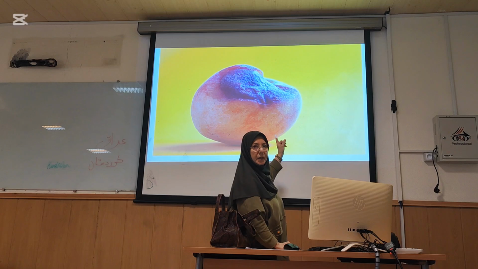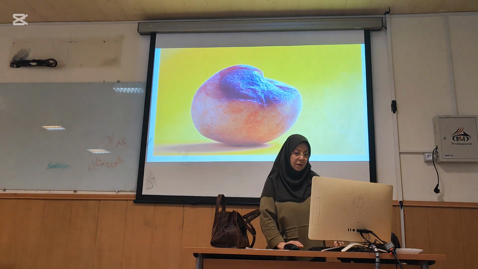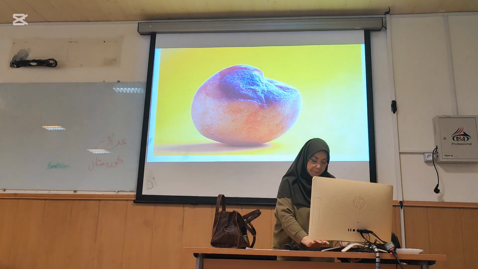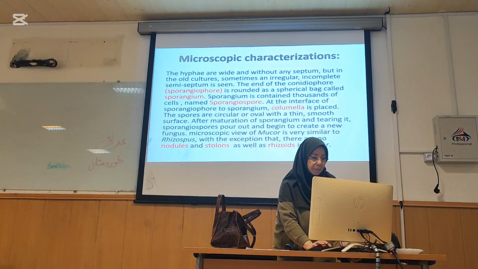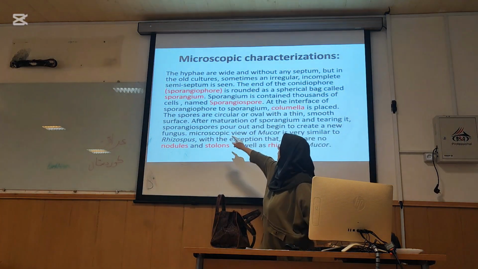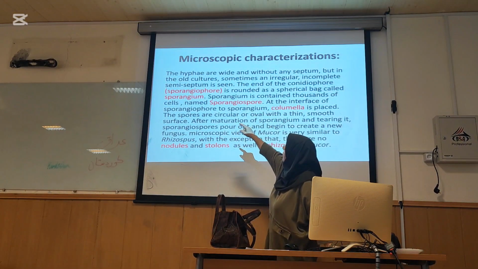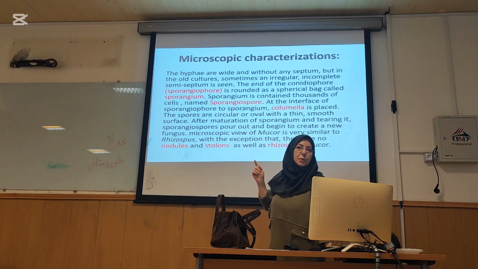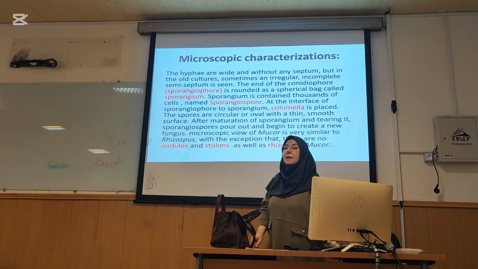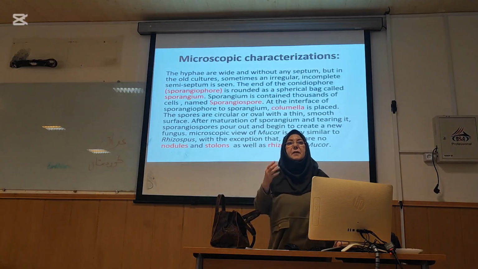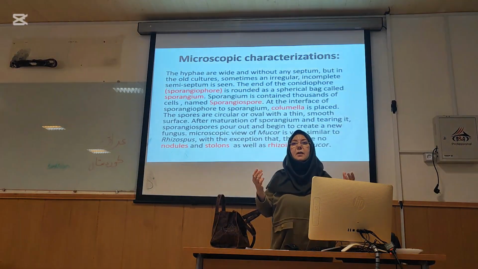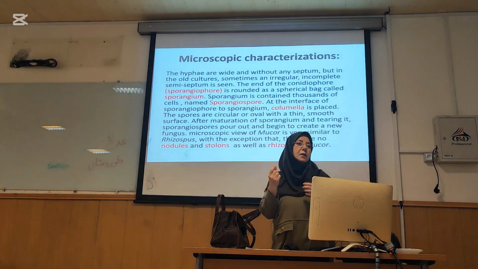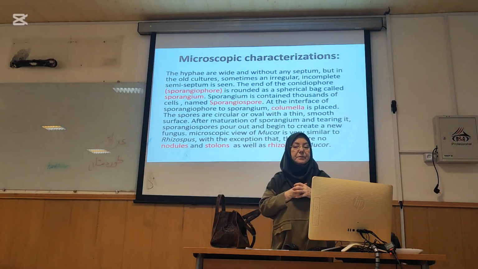You can see a peach that is inoculated with Mucor. As I told you, in this fungus you have sporangiophore, sporangium, and sporangiospore. Between Mucor and rhizopus, there is one difference.